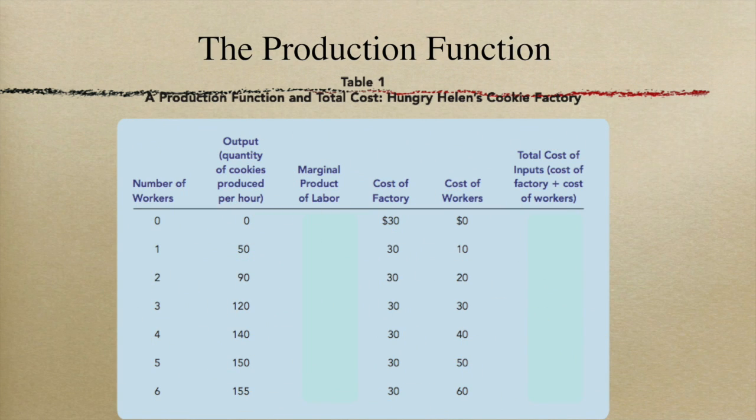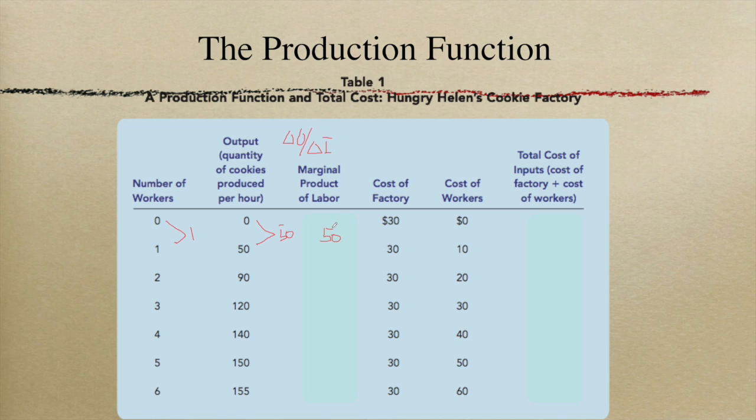So the marginal product is, again, the change in output over the change in input. As I go from 0 to 1 workers, that's my input, my number of workers goes up by 1. My output goes up by 50. This would be 50 over 1.